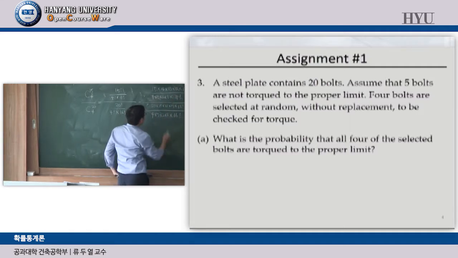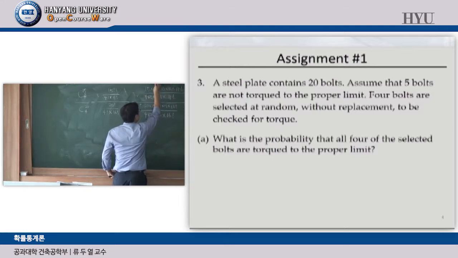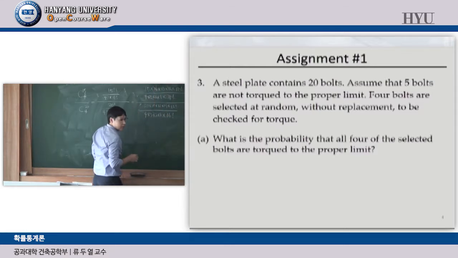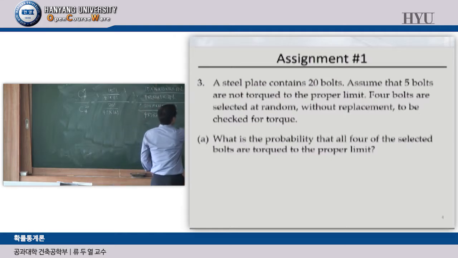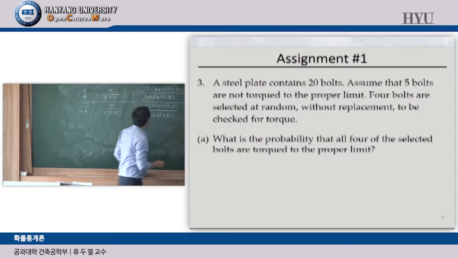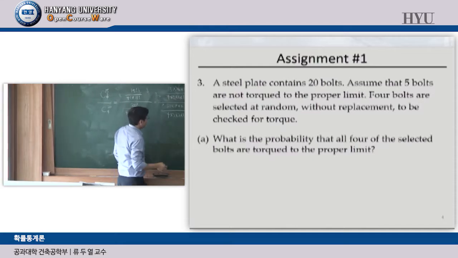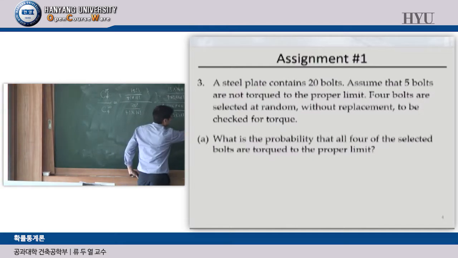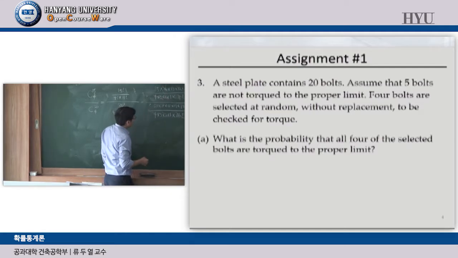And 2 can be eliminated by dividing 14 by 2, and 7 will be left here. So this will be 15 times 7 times 13. In this case, 16 factorial can be eliminated, right?